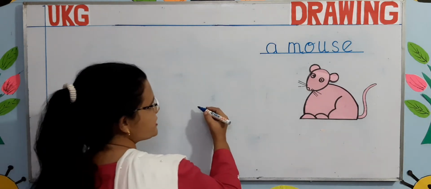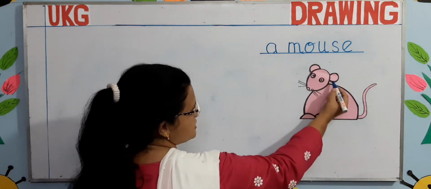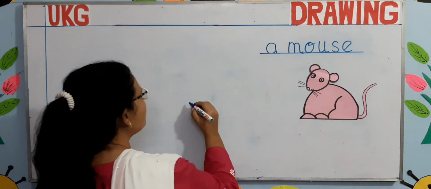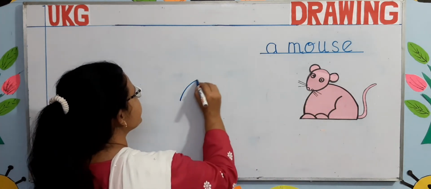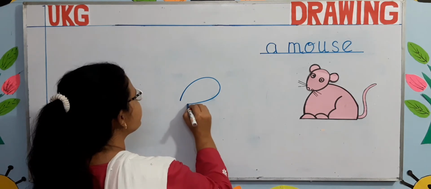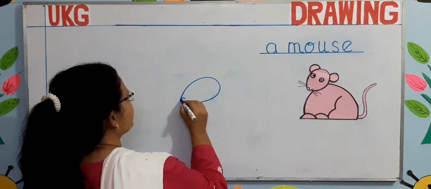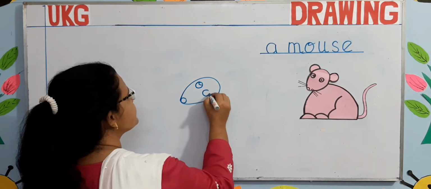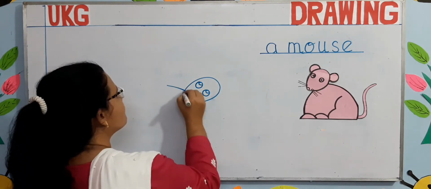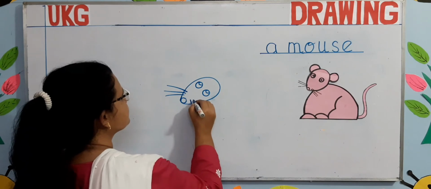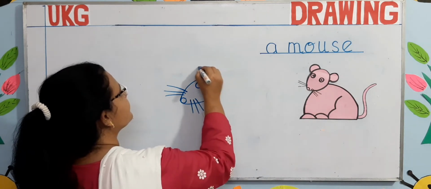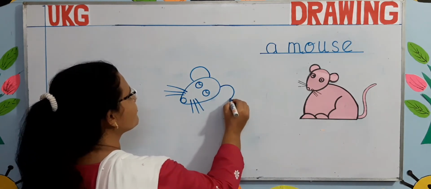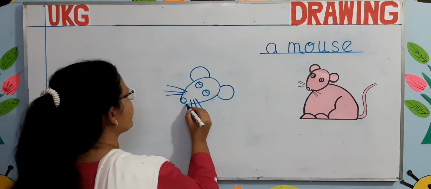First, we will draw its face. As you see, its face is in an oval shape. So I am drawing its face in an oval shape. This is its mouth, eyes, whiskers, its ears, and now its body.